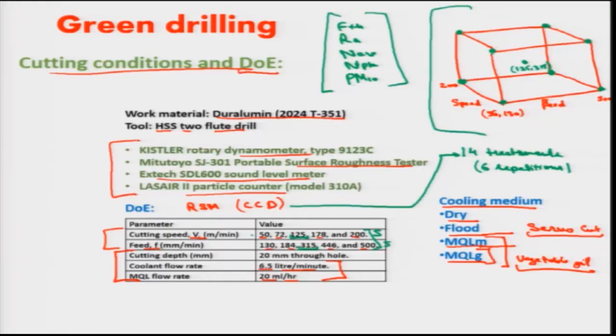Now our purpose here is to minimize the force, that is minimize energy, and minimize roughness, and minimize the noise and aerosol levels. So minimizing of these parameters is the target, right?